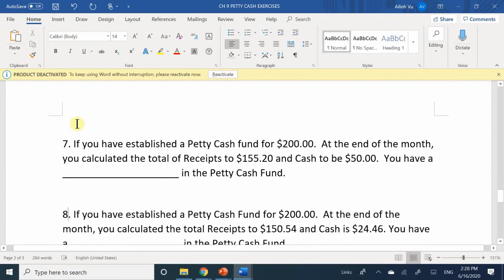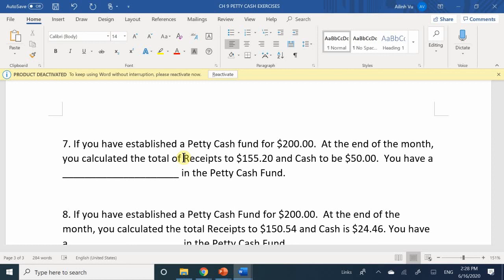All right. So question number 7 is, if you have established a petty cash fund for $200 at the end of the month, you've calculated the total amount of receipts to be $155.20 and cash to be $50. You have a blank in the petty cash fund.